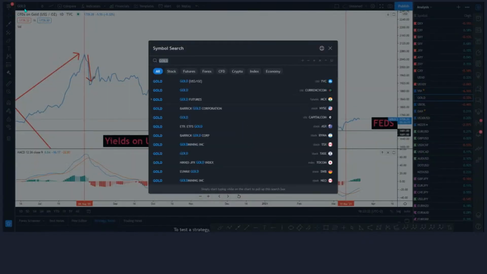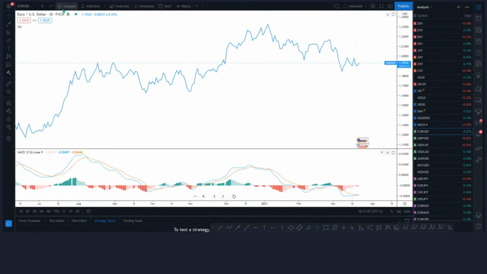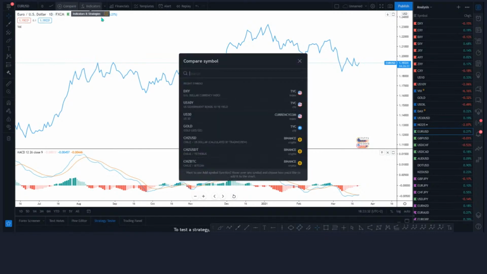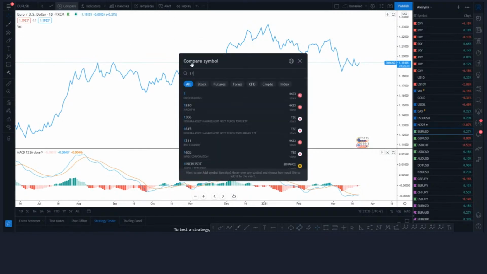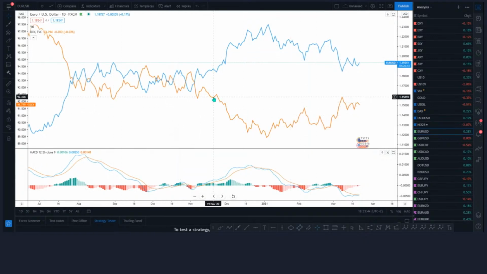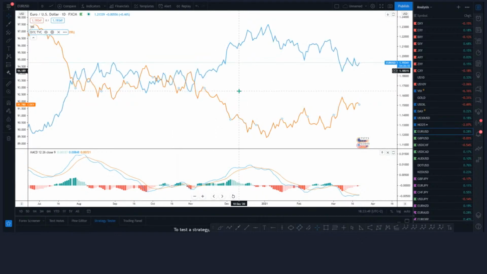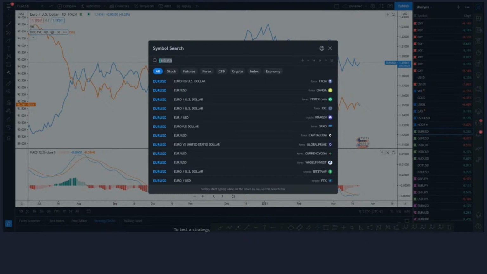Really good. So let's say that's euro dollar right here, guys. You want to compare it to something. So that's basically the euro dollar here. You can have it like this.